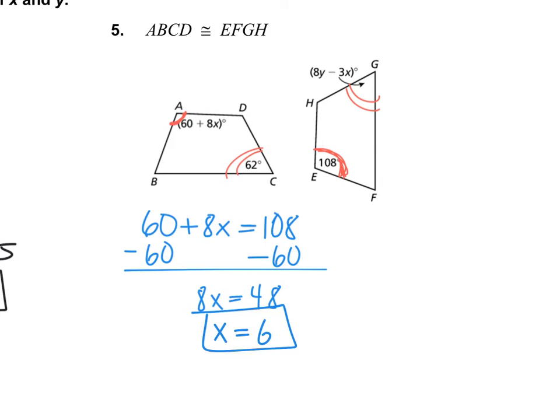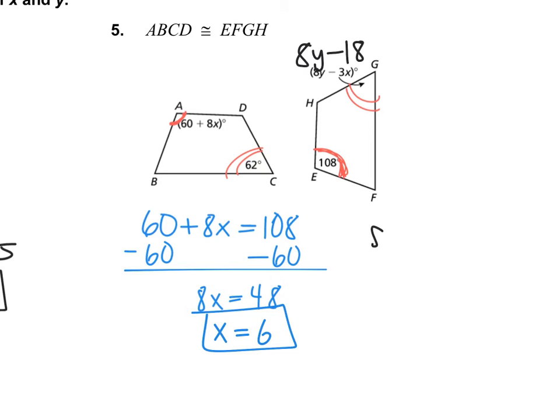Here's the problem. Angle G has 8y minus 3x. So I should plug in 6 for x. So then it would be 8y minus 18 instead.